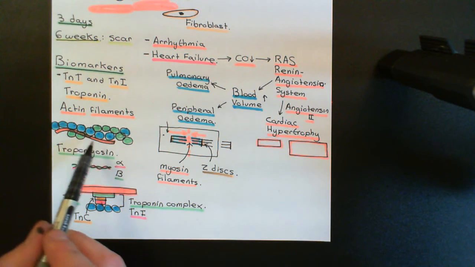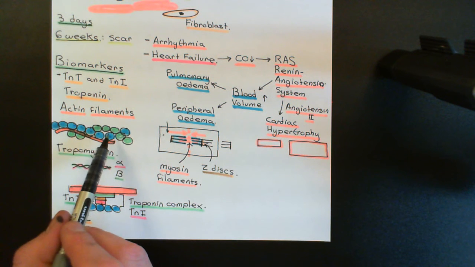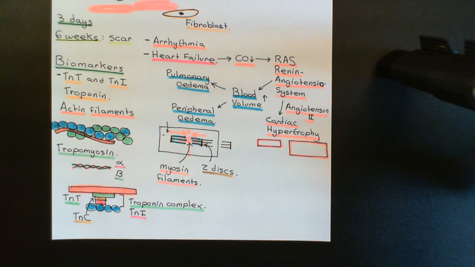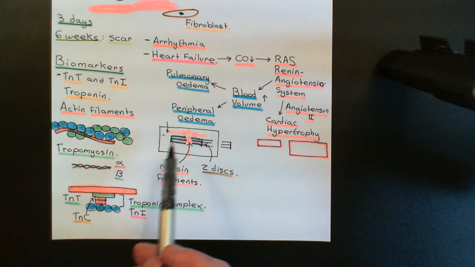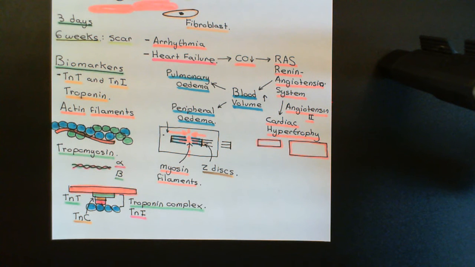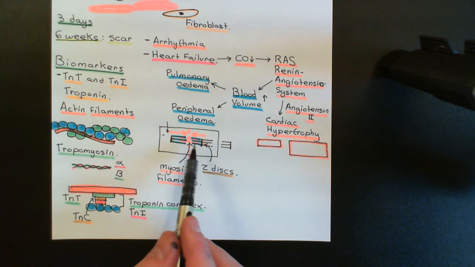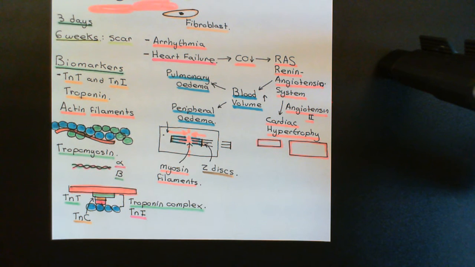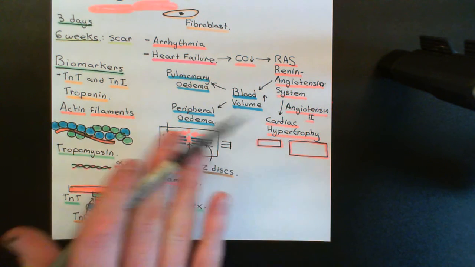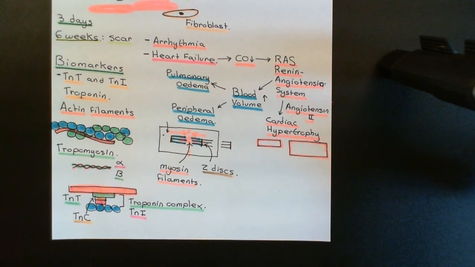So even though the tropomyosin will still overall be bound to the actin filaments, it's no longer actually covering up the essential binding sites of the actin monomers, and therefore the myosin filament gains the ability to actually interact with the actin filaments, and contraction will actually begin. So the sarcomeres will all contract down, and when all the sarcomeres start contracting down, that will contract the overall cell. Okay, so that's a summary of the role then of troponin in the cardiac physiology.